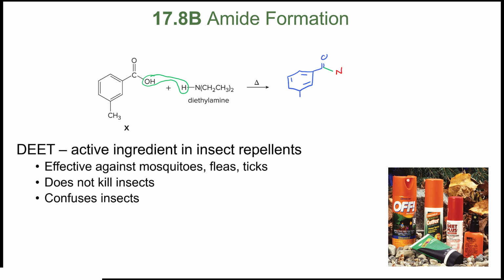And on this nitrogen, it's a diethylamine, so there's 2 ethyl groups. So this is N,N-diethyl-meta-toluamide. The tolu part of that compound comes from the benzene with the CH3, and then we have an amide here, and those are meta to each other. This is abbreviated as DEET.